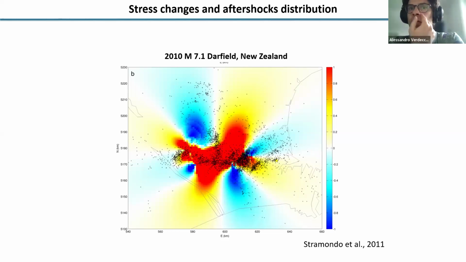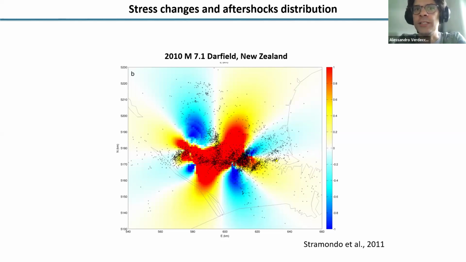Usually these calculations are done on so-called optimally oriented faults. The orientation of optimally oriented faults depends on the regional stress orientation and magnitudes, which are taken as, say, homogeneous in the study region.